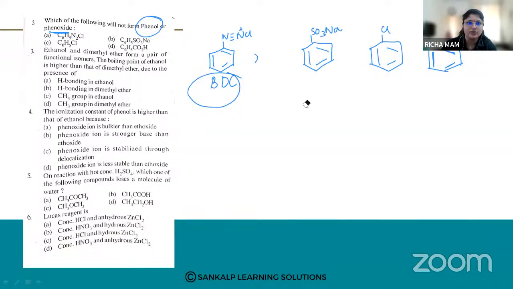So from these three, you can prepare phenols, or phenoxide ion can be prepared. But from benzoic acid, you cannot form phenol or phenoxide. So option number D is the correct one.